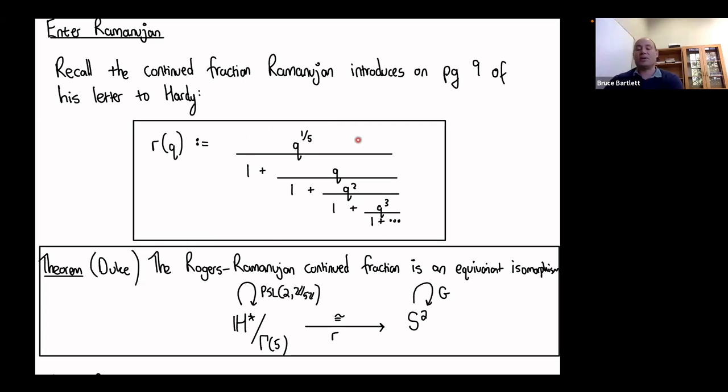Anyhow, this Rogers-Ramanujan continued fraction can be understood structurally as being an equivariant isomorphism between these two covering spaces that I wrote down in the previous line: the modular space of elliptic curves with primitive basis for their 5-torsion and the modular space of points on the icosahedron.